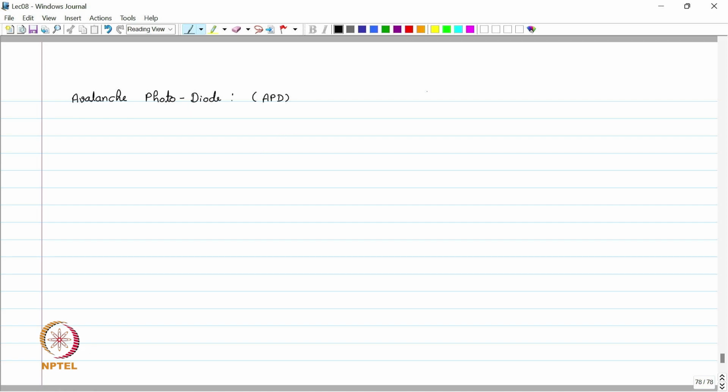We have this N plus here, and then we have a P region here, and this is the intrinsic region, and on this side we have the P plus region.